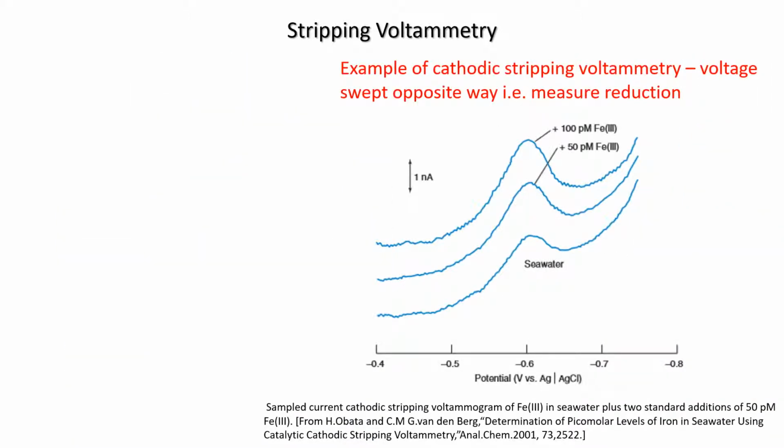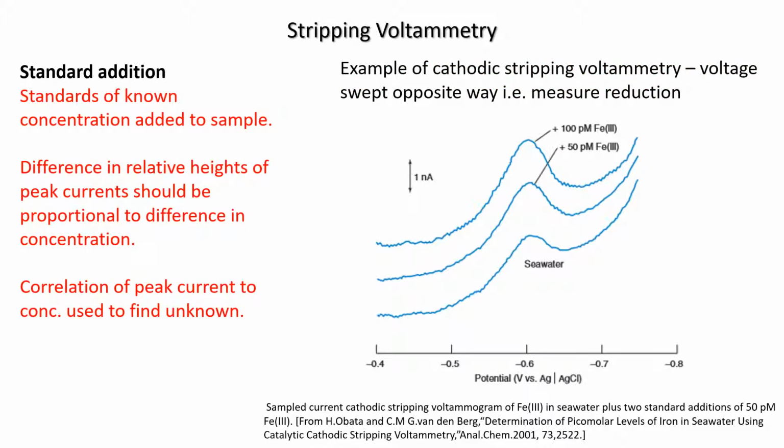The same technique can be employed for oxidized species that have been allowed to adsorb into the mercury. So the voltammogram below shows the trace for iron 3, which has been complexed from seawater with dihydroxynaphthalene. The complex has been allowed to adsorb into the mercury, and the voltammogram shows the current response as it is reduced to iron 2.